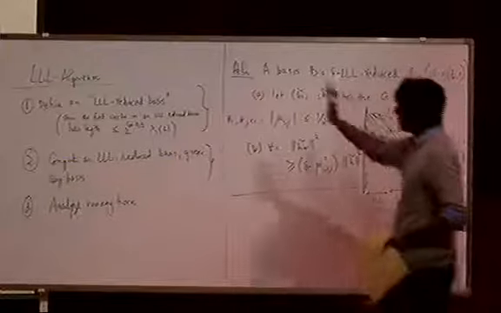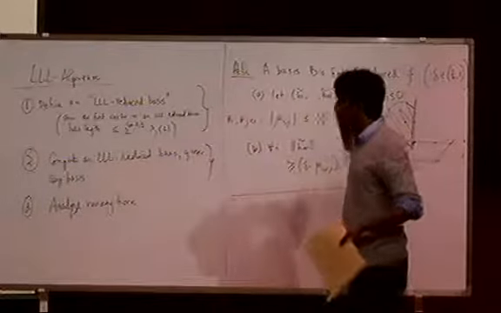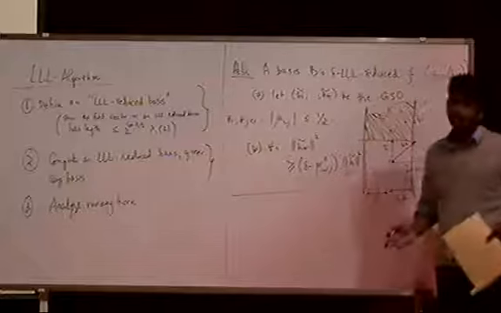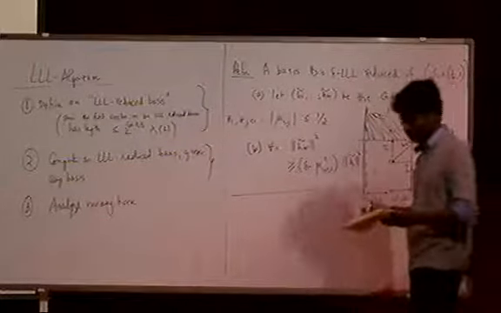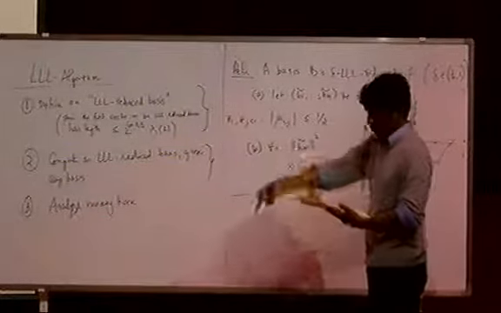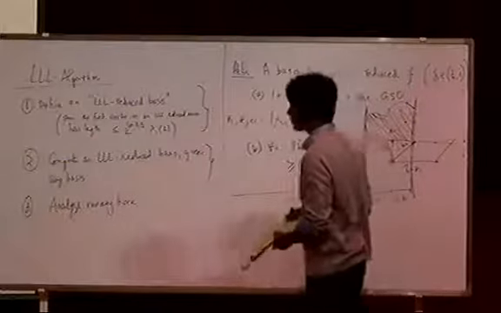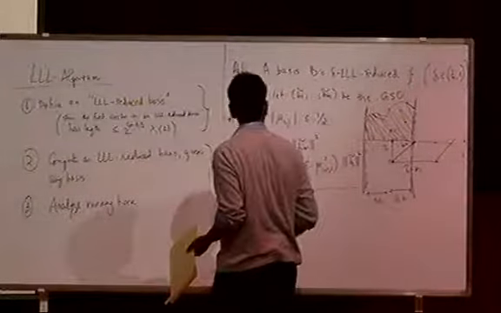The first thing we want to show is that an LLL reduced basis has a very short vector. That's the first order of business.